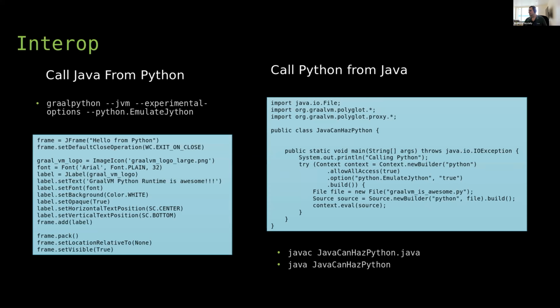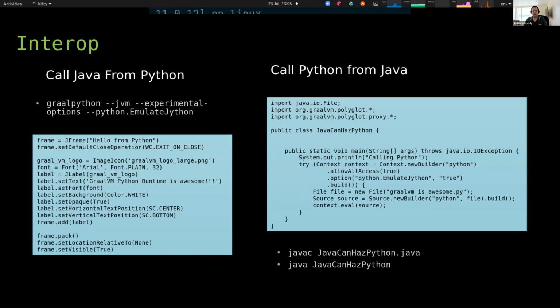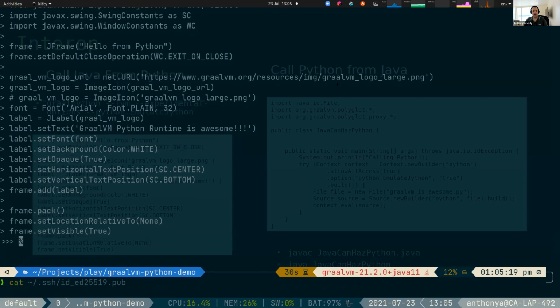More than that, we can go full cycle. We can have Java calling Python and Python calling Java. So I wrote a small class here called Java can has Python.